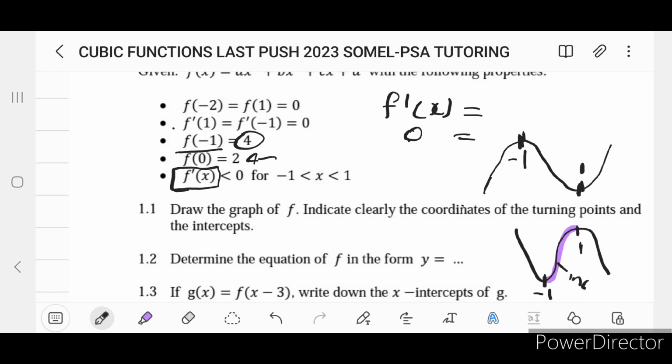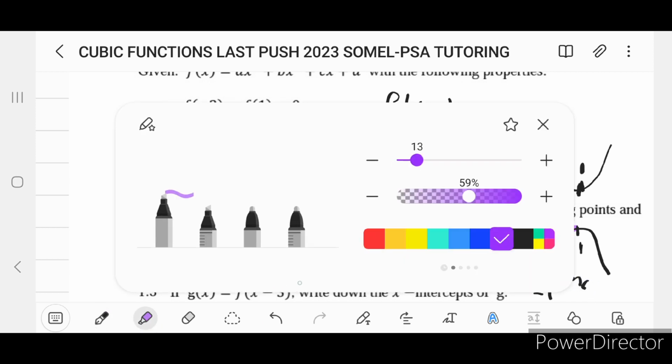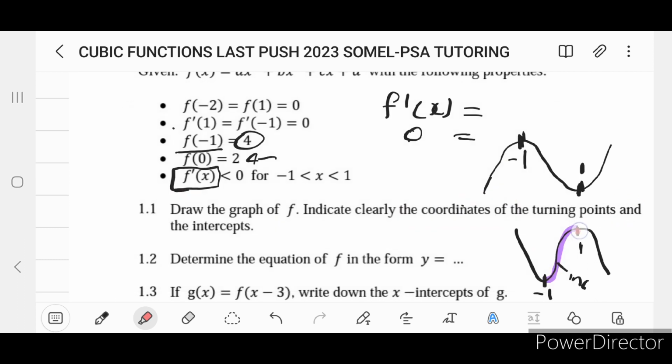After that it's decreasing, and decreasing. But between the turning points it's increasing.